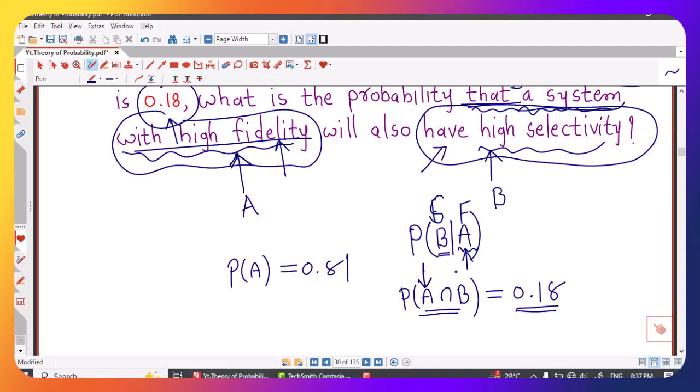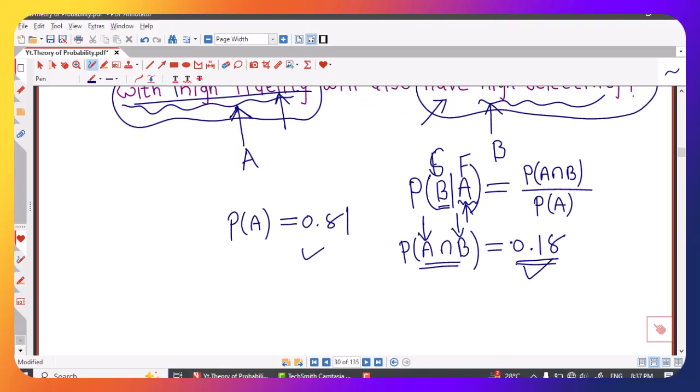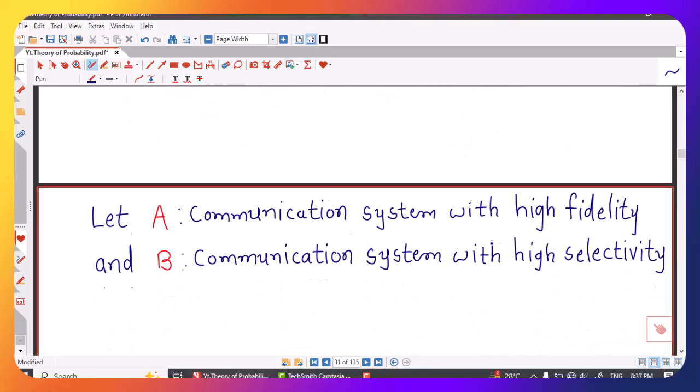Using this we have to calculate the probability of B given A, and that is easy. We just have to use the definition of conditional probability, that is, take the ratio of these two given quantities, but we have to write systematically.